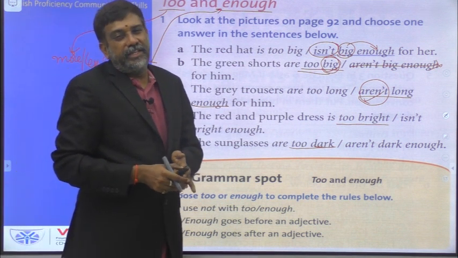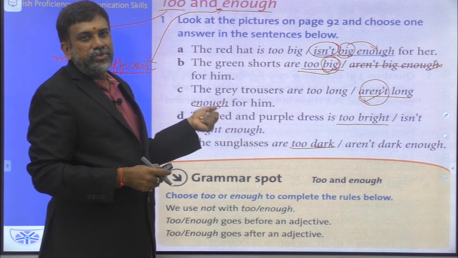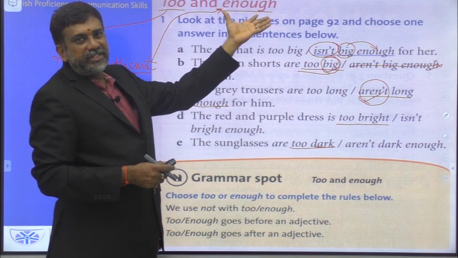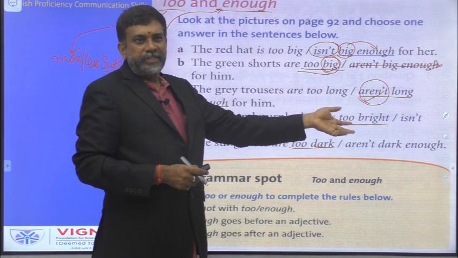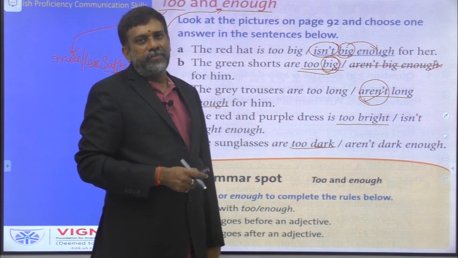Suppose, for example, it is too cold to go outside. It is too high to climb. That means more than sufficient height to climb. It is high enough to jump over the wall. So the height is sufficient where one can jump over the wall.